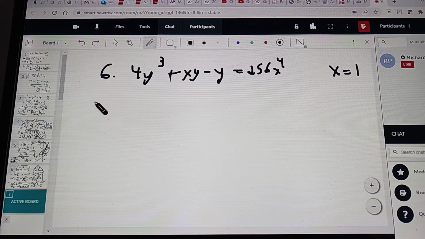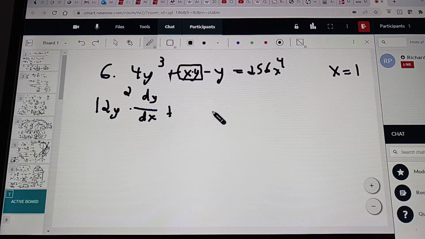So let's go term by term. The derivative of 4y to the third is 12y squared. But because it's about y, we have to add a dy over dx. Then xy is a product rule. X times y, you have to do the product rule for that term. So first times the derivative of the second, the derivative of y would normally be just 1.